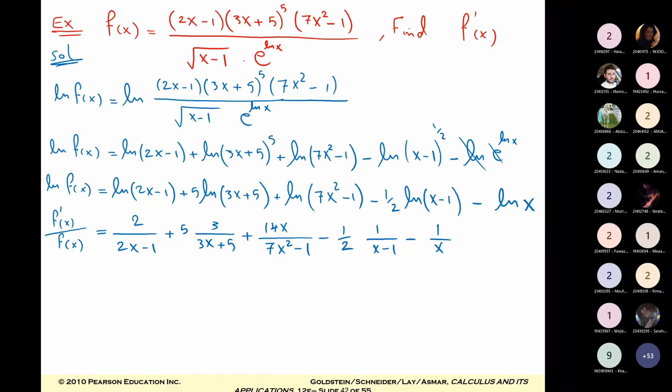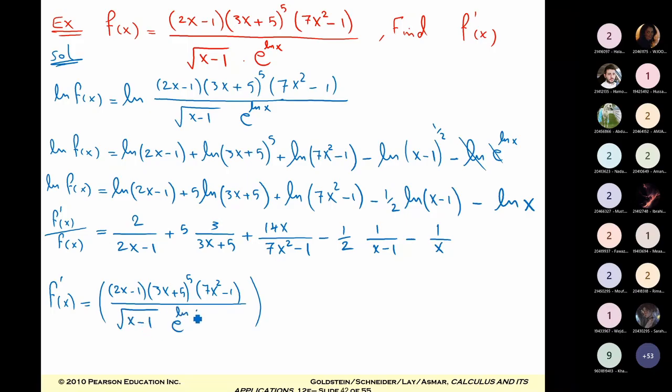Okay. Now f prime of x equals f of x, this f of x from the given equation: (2x minus 1)(3x plus 5) all to the power 5, (7x squared minus 1) over radical x minus 1, e to the power ln x.